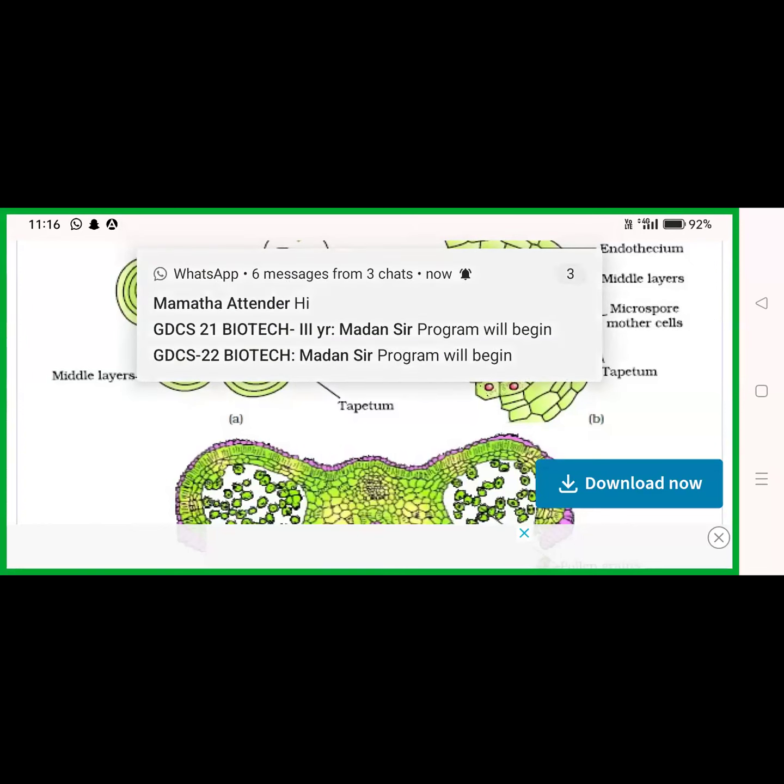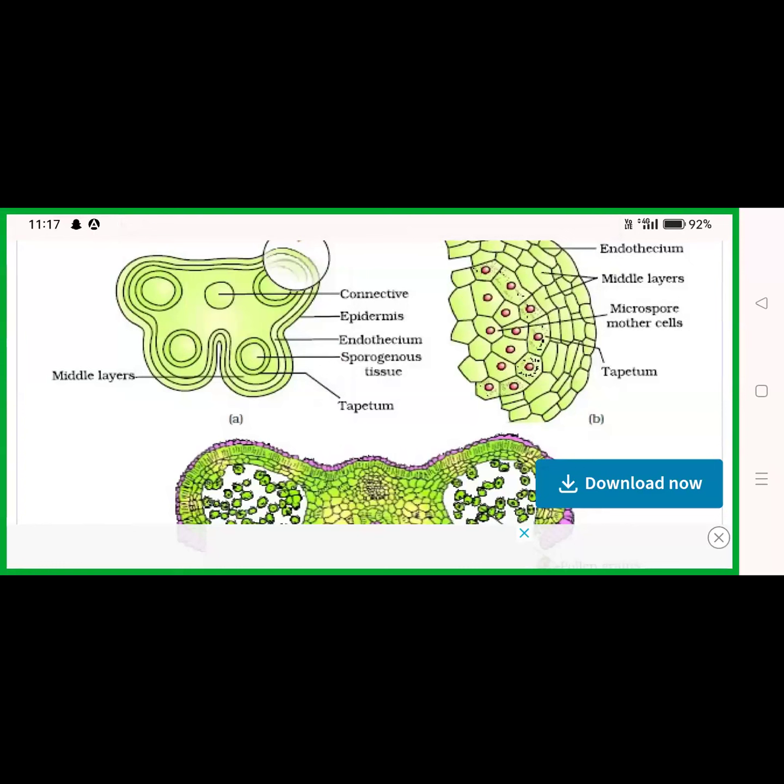Generally, the tapetum is single layered, but it may divide periclinally and become biseriate, as in Pyrostegia and Tecoma. The tapetum is for food supply.